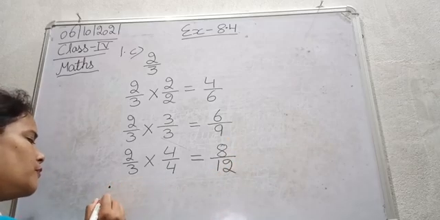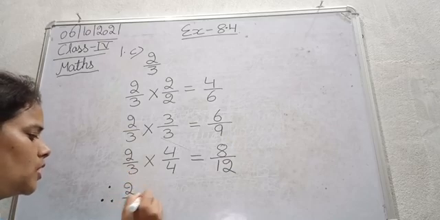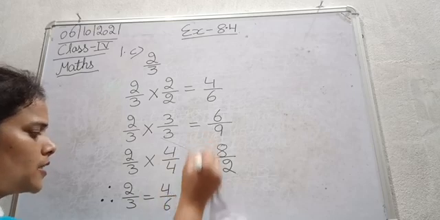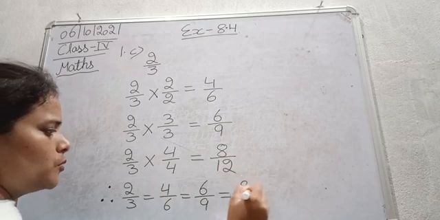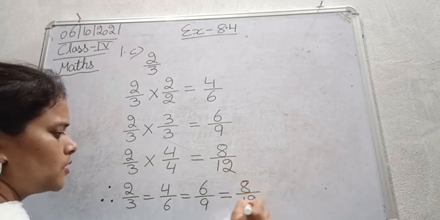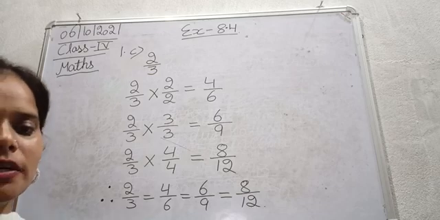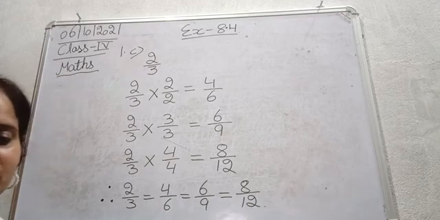So we will write down, therefore, 2 upon 3 is equal to 4 upon 6 is equal to 6 upon 9 is equal to 8 upon 12. Okay, and this is the solution of the C part of question number 1. You can pause it here and note it down in your notebooks.